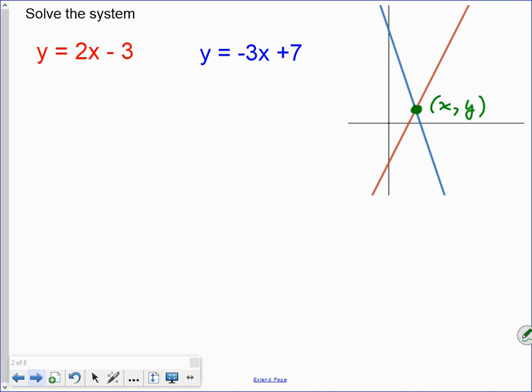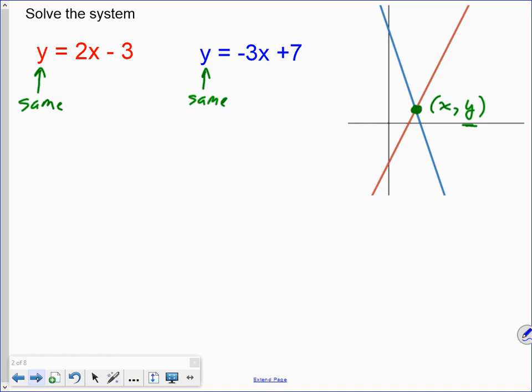So when we're at that point of intersection, the y value in our red equation, this y value here and this y value here, have to be the same y value, because we're at this point of intersection right here.